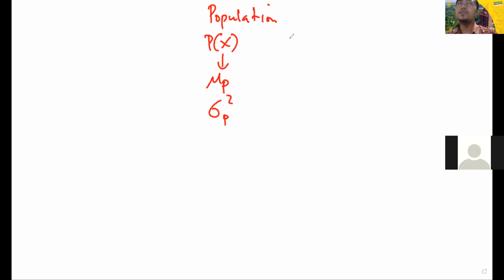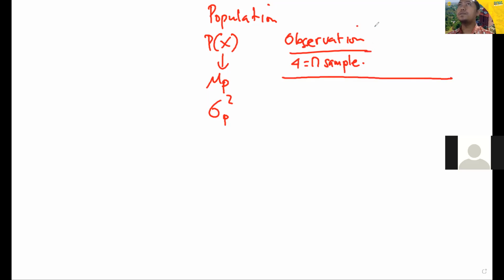So first, we make observations. Let's say this is the observation. The observation is taking n samples. Let's say n is equal to 4. And each observation will generate a sample mean.